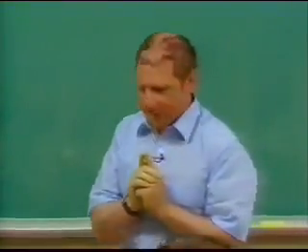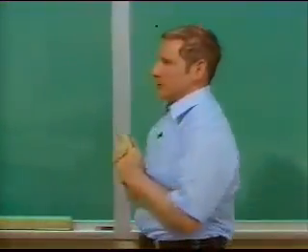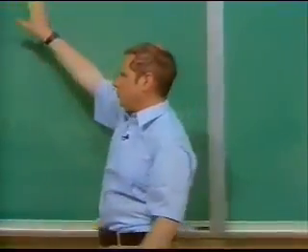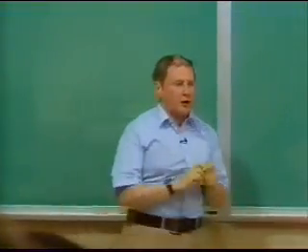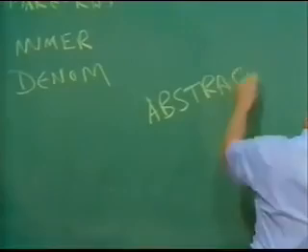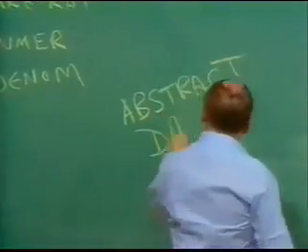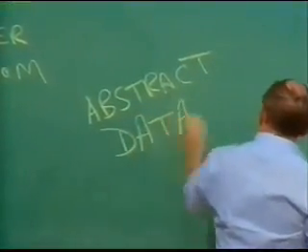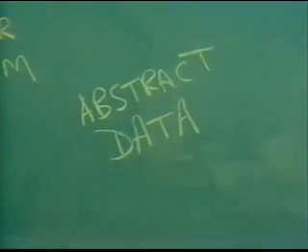Well, what I want to say is that after we'd implemented the operations in terms of these, we had defined our rational number representation in terms of abstract data. What do I mean by abstract data?